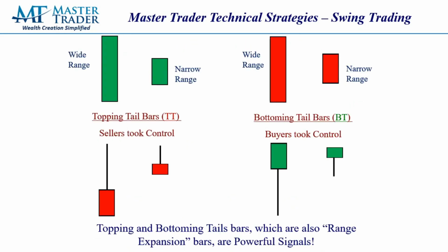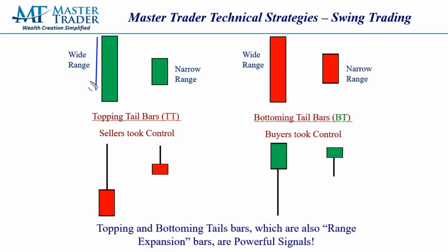Wide range bars and narrow range bars. So we have here a big green bar, and we just say its range is wide compared to what preceded it. Is there a number? No, because we could be looking at a $300 stock versus a $2 stock.